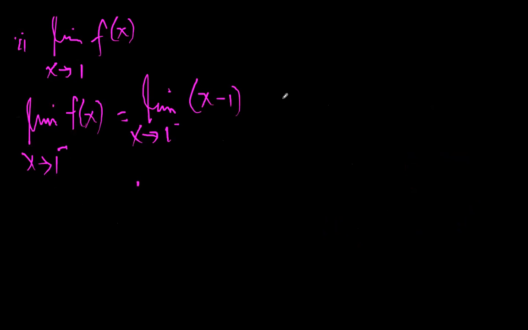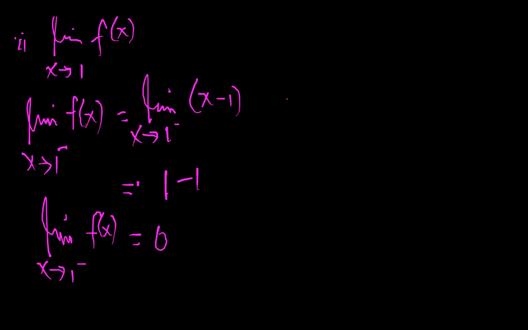And this becomes 0. So 1 minus 1 is equal to 0. Okay, it's 0. So therefore, the limit of f of x as x approaches 1 from the left is equal to 0.